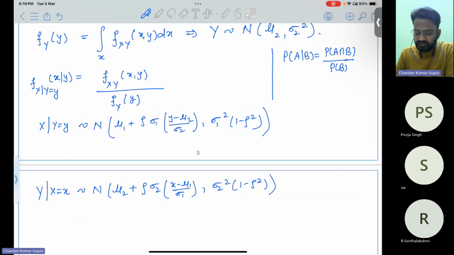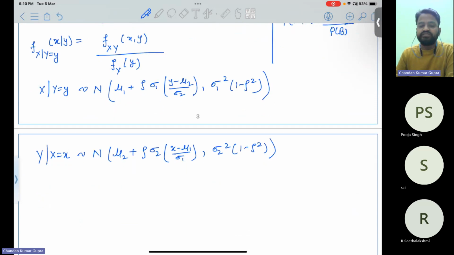So that means we have a theorem like this. Suppose x and y are bivariate normally distributed, then all its marginals and conditionals are normally distributed. And conversely, if the marginals of the variables are normally distributed and their conditionals are also normally distributed, then the joint PDF of these variables is a multivariate normal, suppose we are dealing with 3, 4 variables.